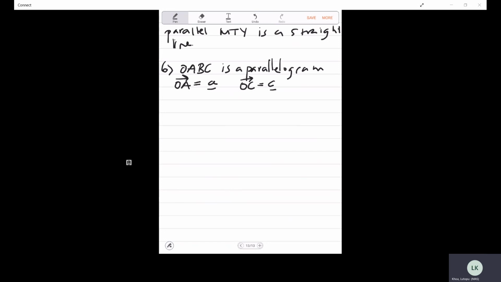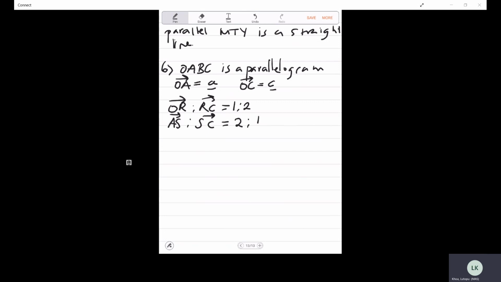Then we have a point R on OC such that the ratio of OR to RC is equal to 1 to 2, and S is a point on AC such that AS to SC is equal to 2 to 1.